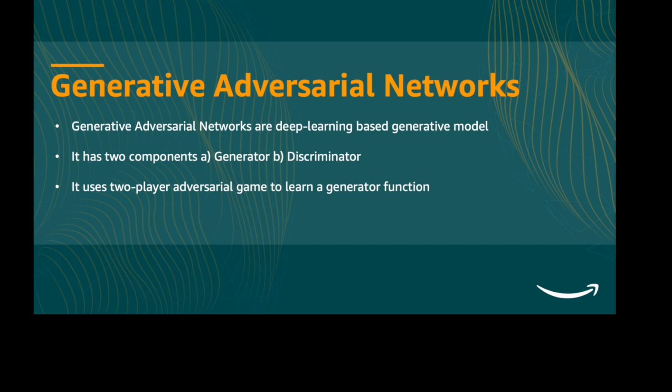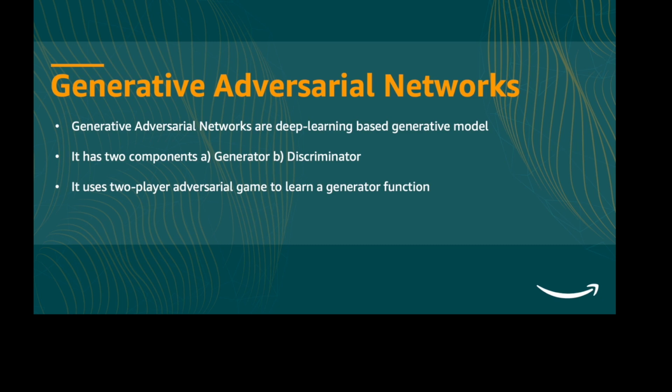Now, how do we learn this generator network? For this, during training we make use of two components, generator and discriminator, and we'll see how they play along with each other.